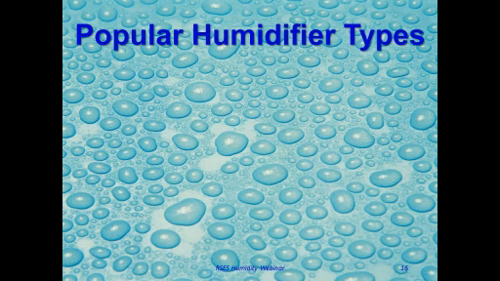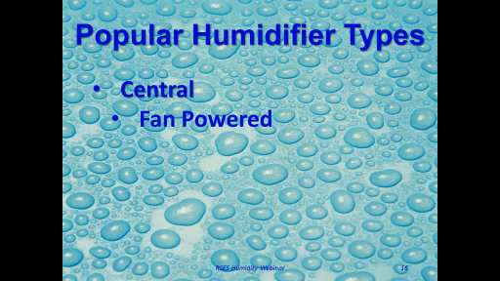Popular humidifier types. There's central humidifiers, ones that are typically put on a heating system, an air handler, or main trunk lines. They make them fan powered, so they have their own fan to circulate air through whatever evaporative media there is. So they have a fan that'll actually blow warm or hot air through a media that has water dripping over it.